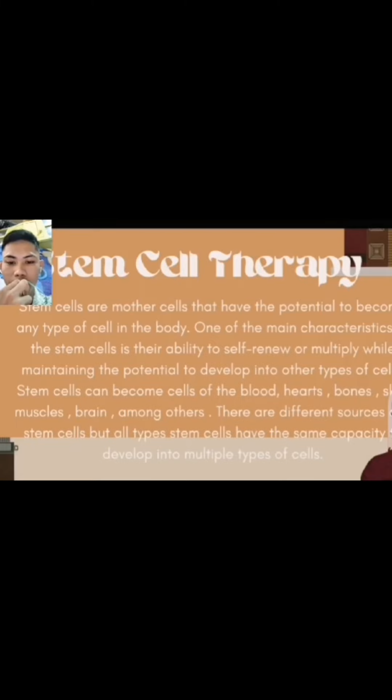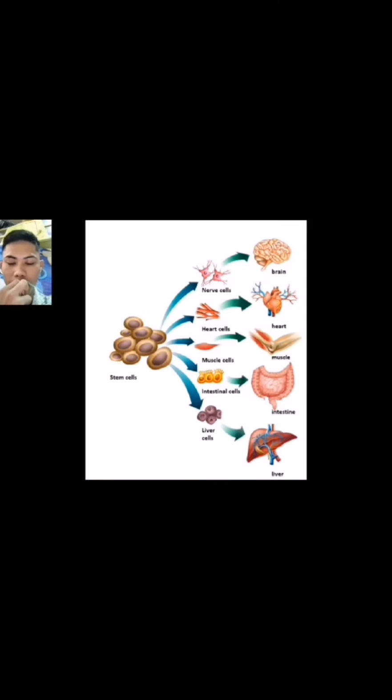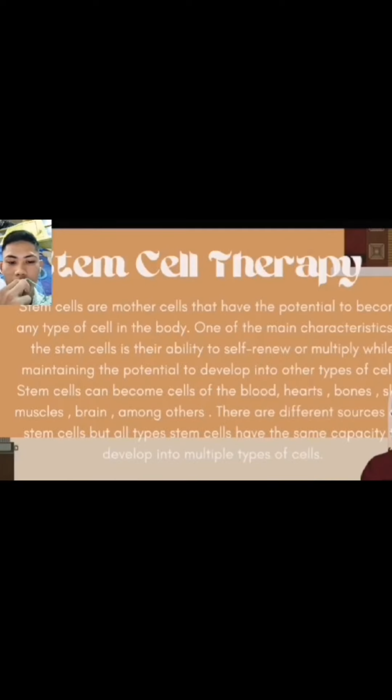Stem cells can become cells of the blood, heart, bones, skin, muscles, brain, among others. There are different sources of stem cells, and all types of stem cells have the same capacity to develop into multiple types of cells.